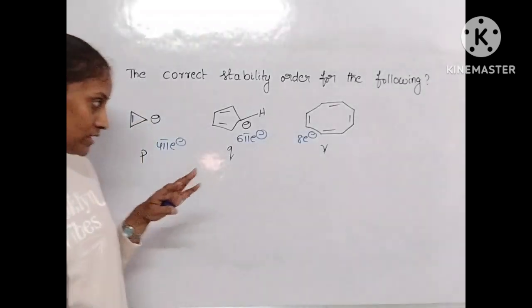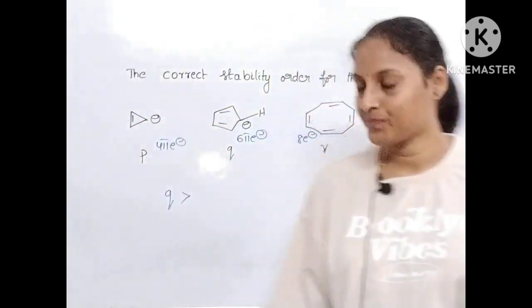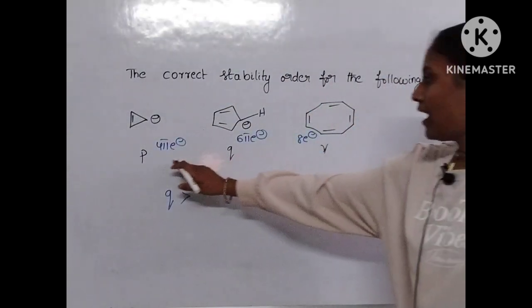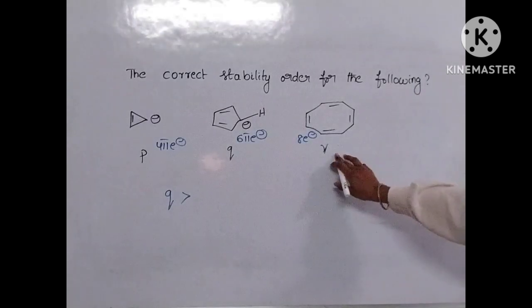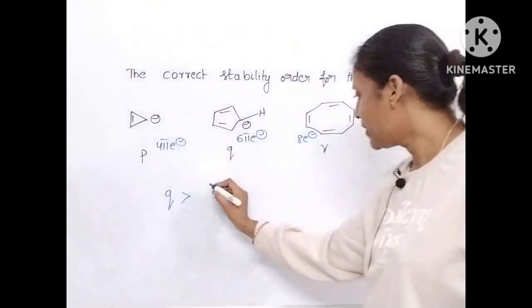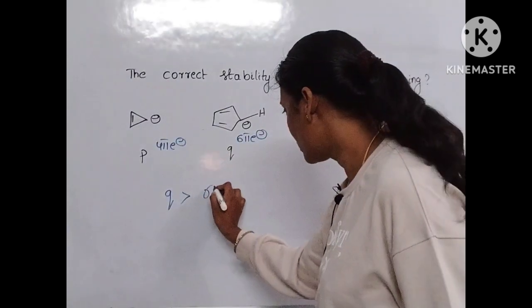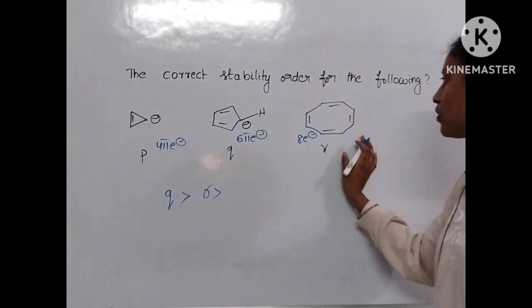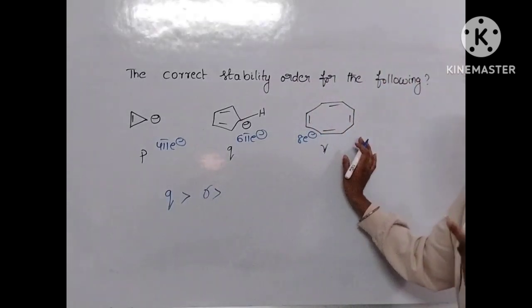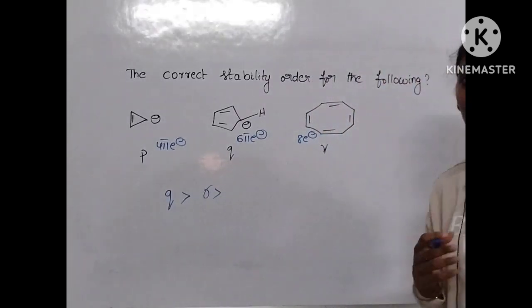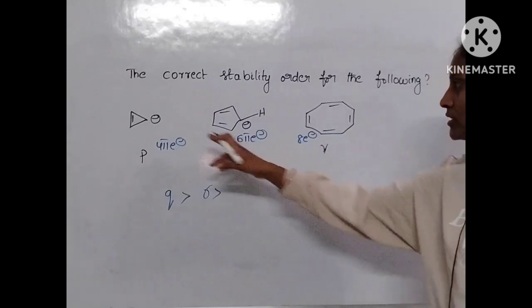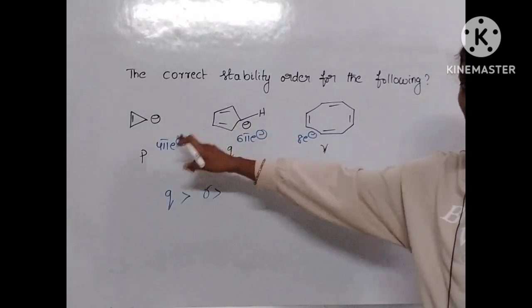If you consider P and R, P has 4 electrons and R has 8 electrons. Not only 8 electrons, this one is cyclooctatetraene. It has a tub shape, which means it is a little bit more stable when compared to this one.